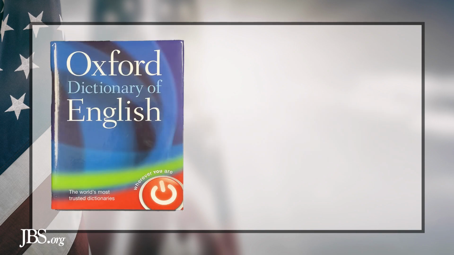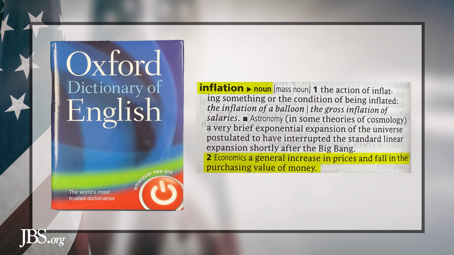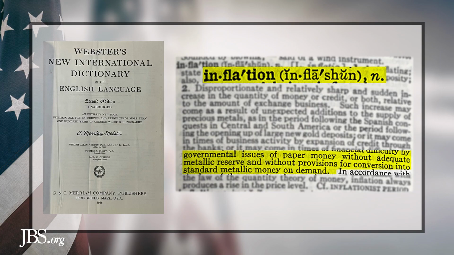Compare that to Oxford's inflation definition in 2010. "A general increase in prices and fall in the purchasing value of money." The fact that it is government that causes inflation is vaguely implied. Years ago, the idea that gold and silver played a role in preventing inflation was in the definition. Today, that is extremely rare.